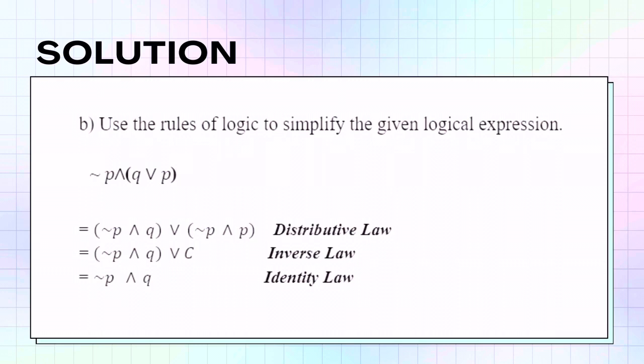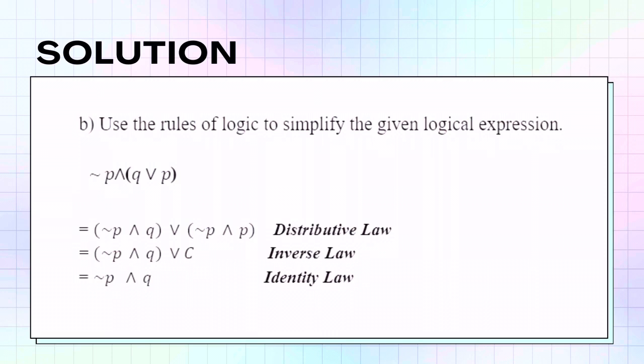Next, we have the solution for B. Use the rules of logic to simplify the given logical expression. The given logical expression is not P and Q or P. First of all, we apply the distributive law, not P to Q and P, and we get not P and Q or not P and P. Next, we simplify this using the inverse law, not P and P equals contradiction.